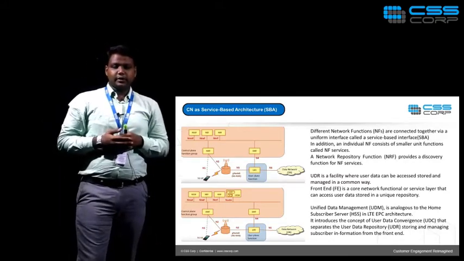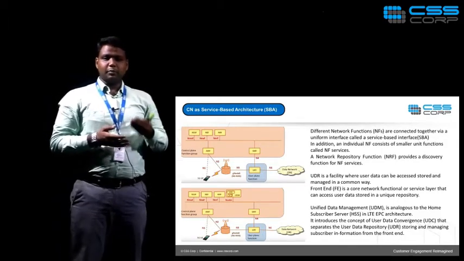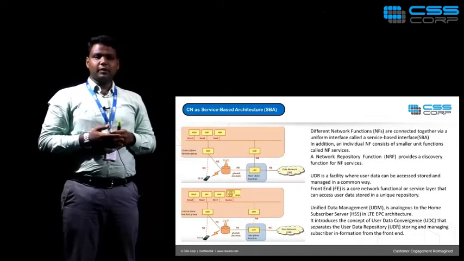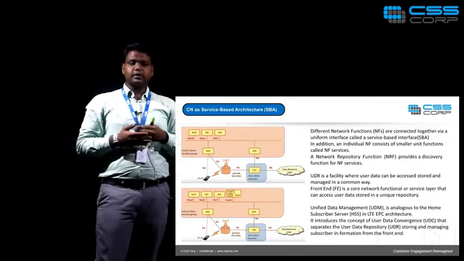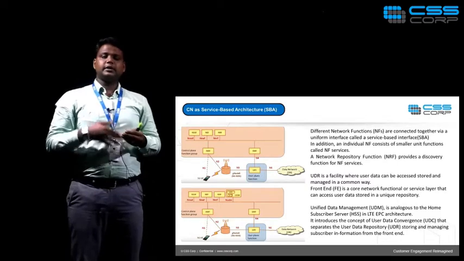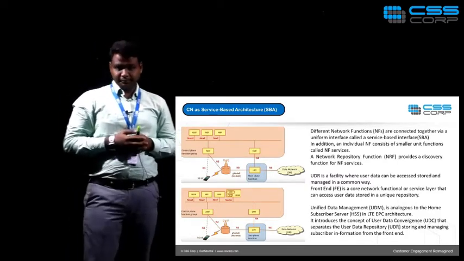These network functions are in the NRF. NRF is nothing but the network repository function, which provides the discovery functions for NFs. Discovery functions, like what are all the activities or tasks performed by the network functions.